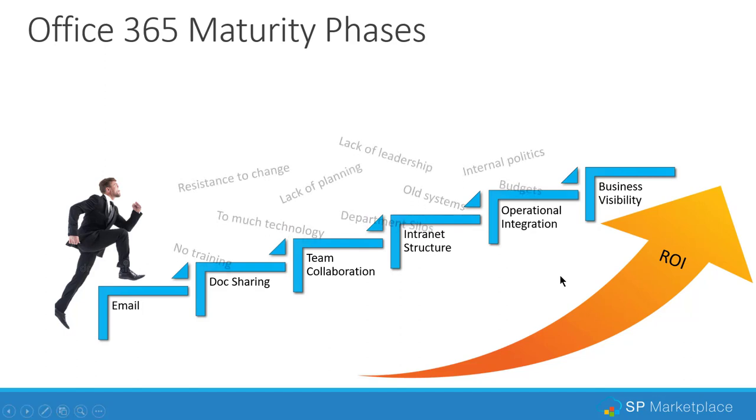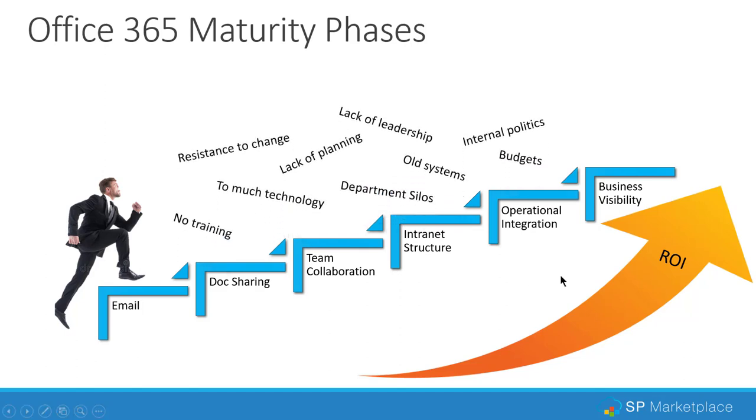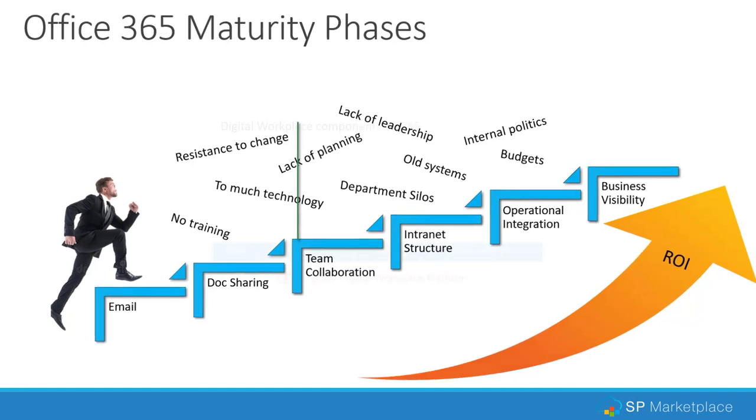But unfortunately, there's a whole bunch of different things that become hurdles of going up these steps. What we find is that a lot of people just stop right after the email and doc sharing and never get any further. A lot of this is because they don't know how to do it, they don't know how to apply the different services and so on.